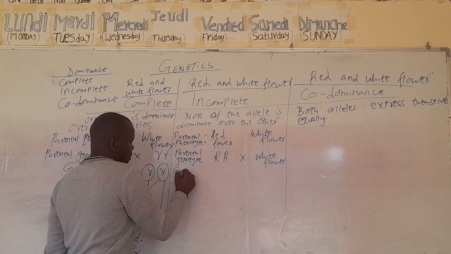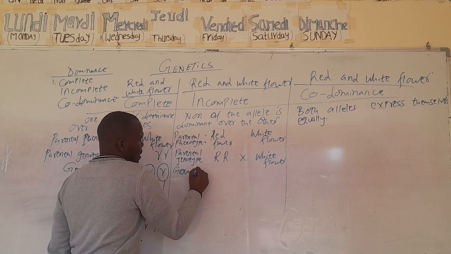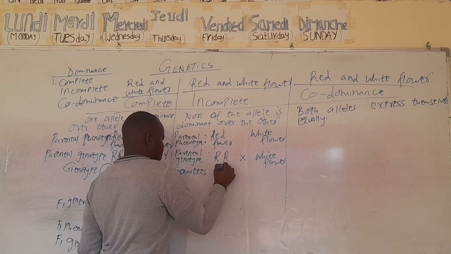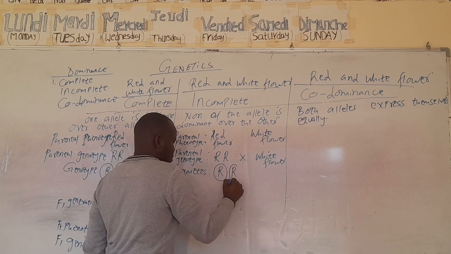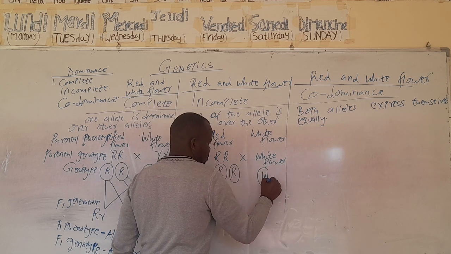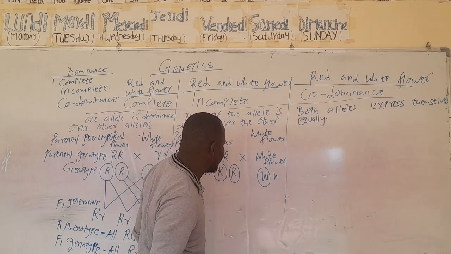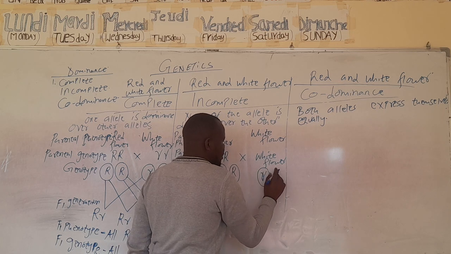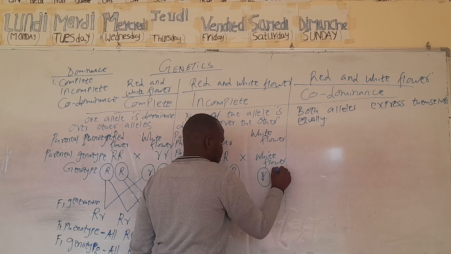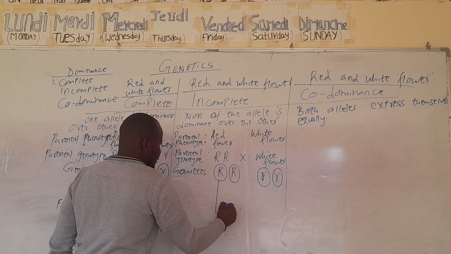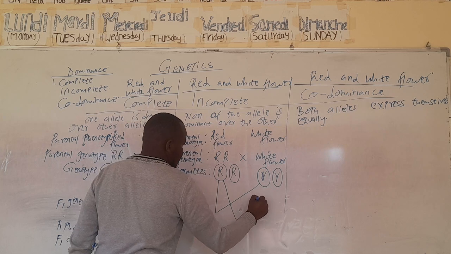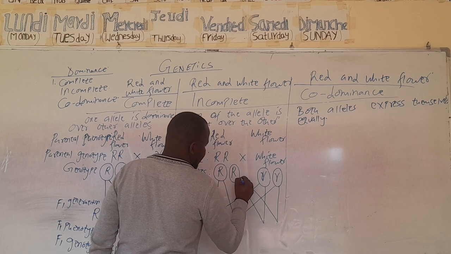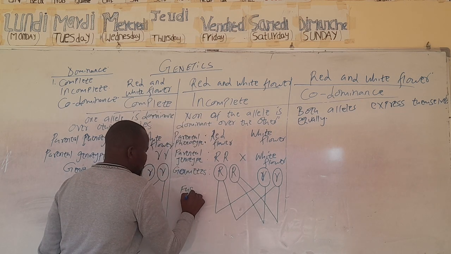The gametes here will be R and small r. Then you have the fusion lines.